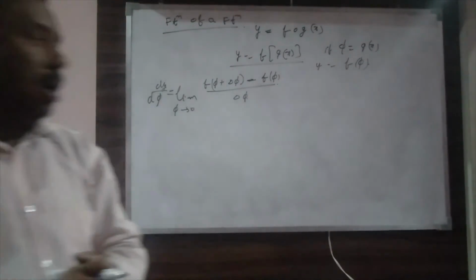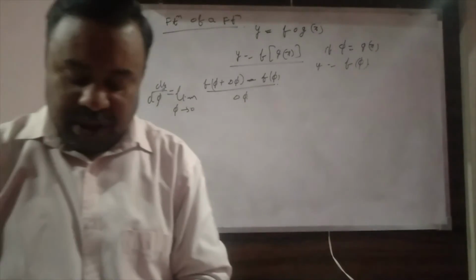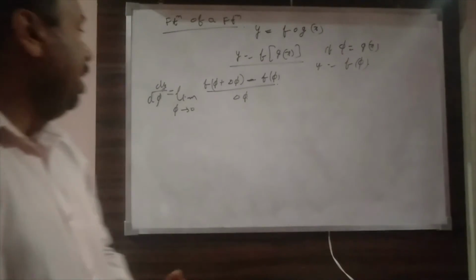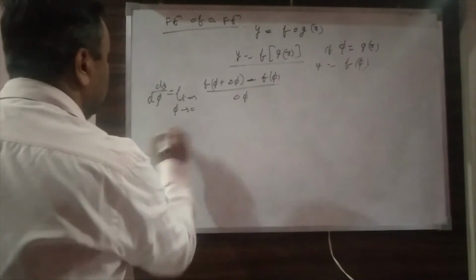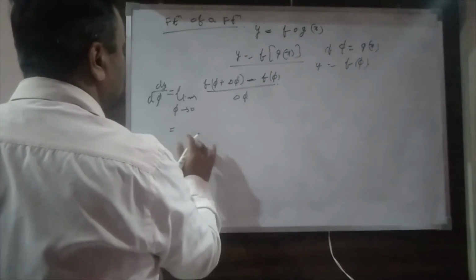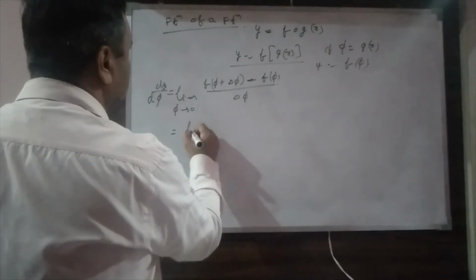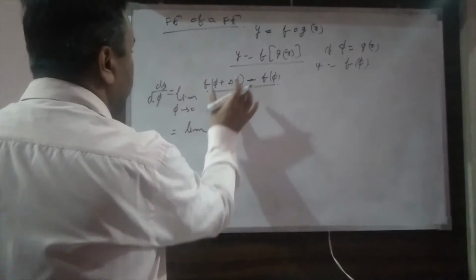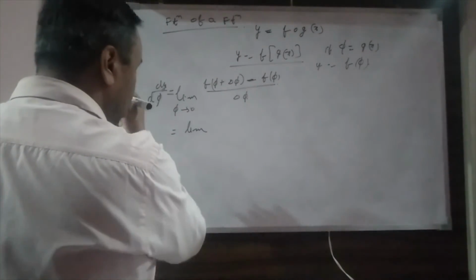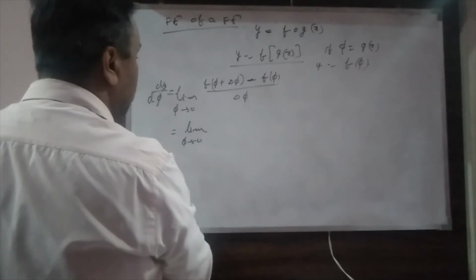Okay, now what is this delta phi? This delta phi will be equal to, put the value there also. So delta phi tending towards 0.